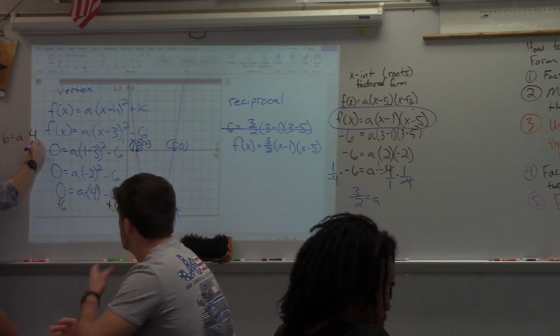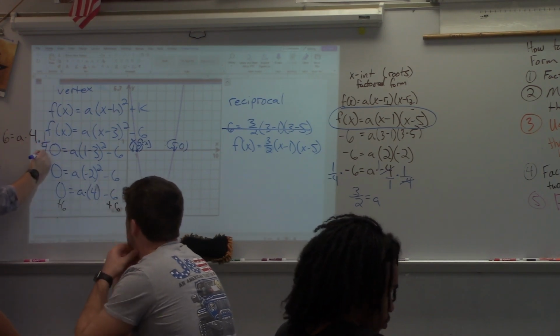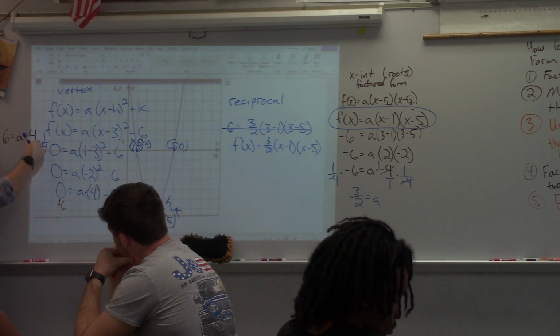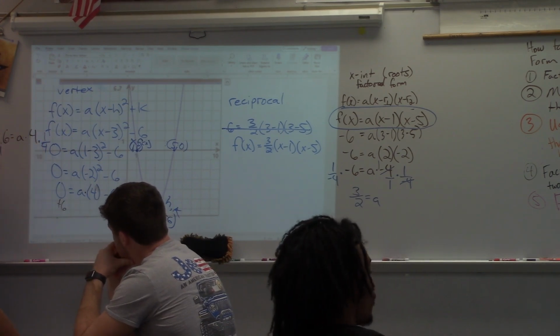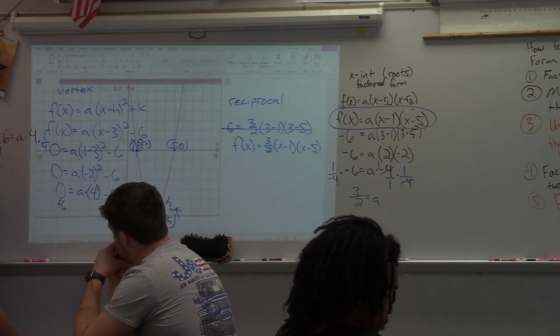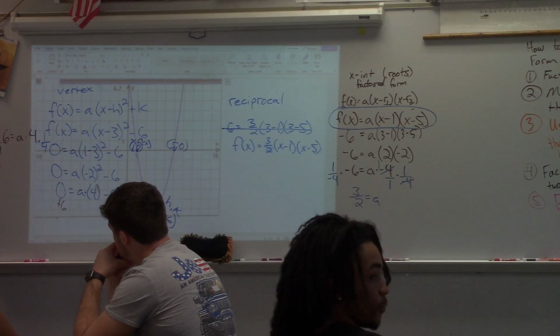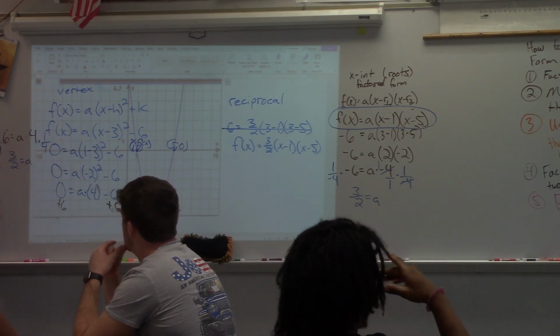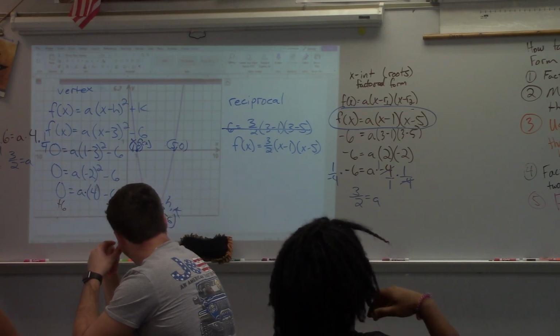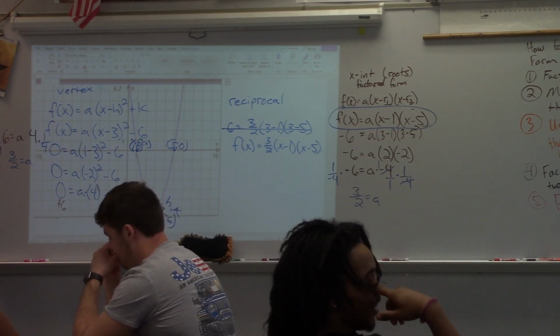Or remember, we can use the reciprocal, right? 1 divided by 4. And what is a quarter of 6? If I put 1/4 times 6 in my calculator, what do I get? 3 halves. Hey, is that the same a we got over there? Yeah. The same a.